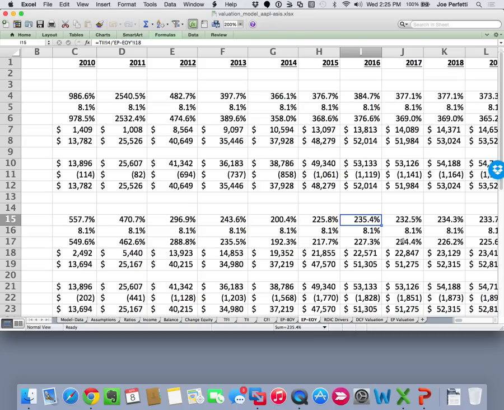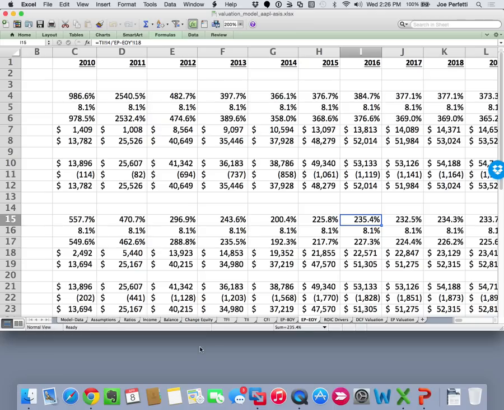I'm talking about the difference between 225 and 235%. So as I looked at the out years and saw 225, 235, 234, 230, I said, you know what? I don't think there's much of a difference. 225 seems like a reasonable ROIC to represent the future, which basically says Apple's got a ridiculous ROIC on a go-forward basis.